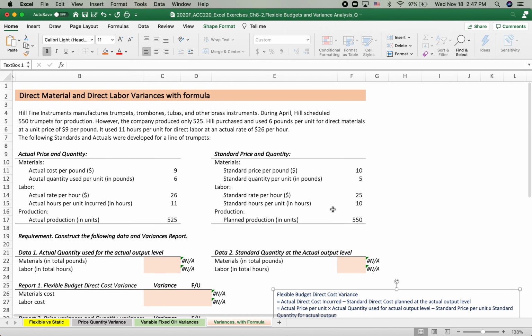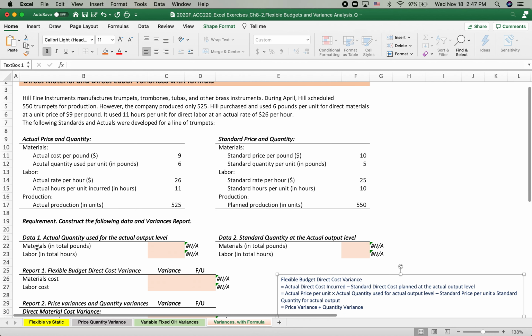But the table shows only the price per unit and the quantity per unit basis. So we need to translate the table information into this data.